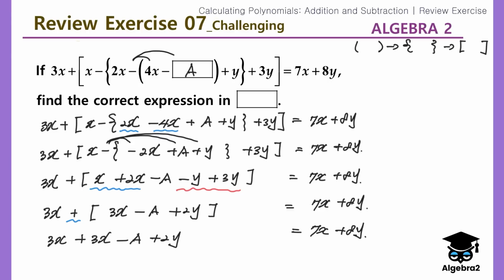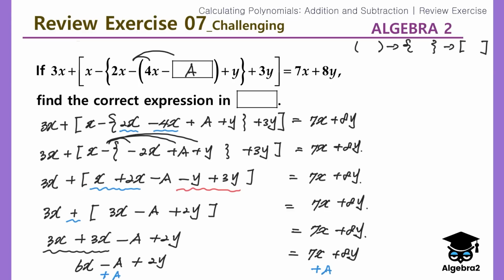We're almost done. 3x plus 3x, that's a 6x. So 6x minus a plus 2y is equal to 7x plus 8y. So what I'm going to do is I'm going to add a to each side.